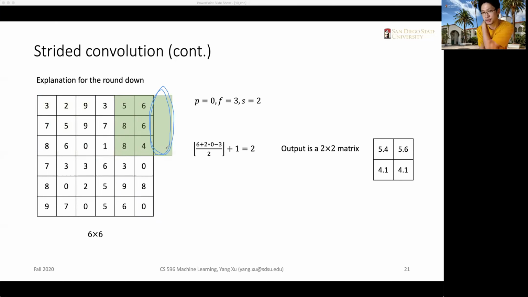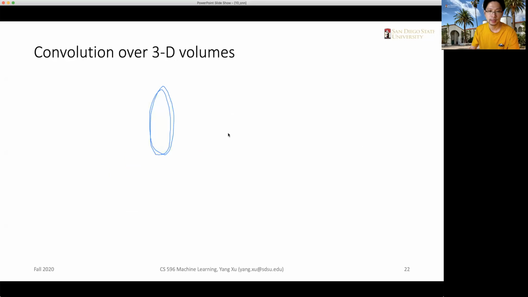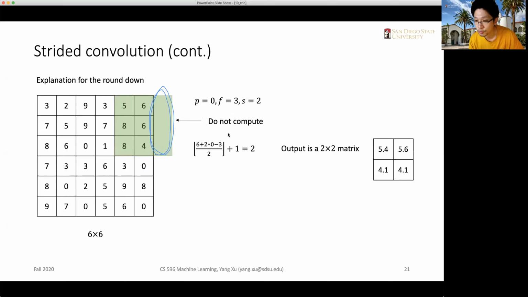So in this case, we do not do this step, and that's why we use the round-to-floor operation to compute the output size.